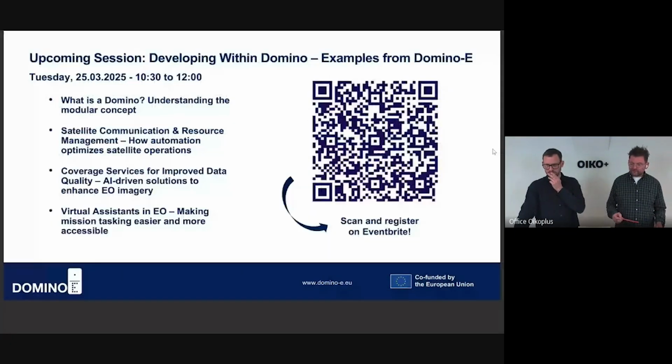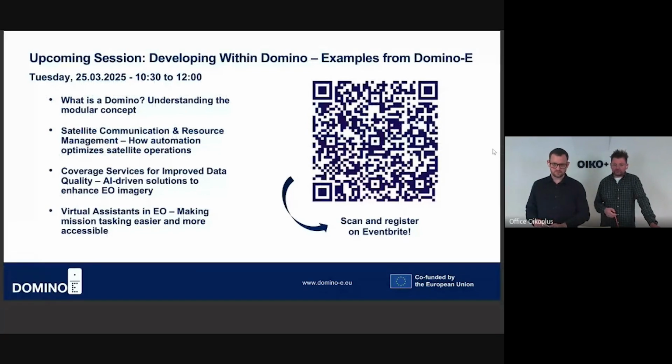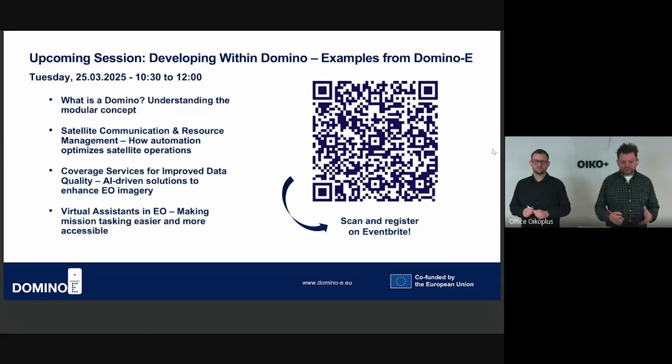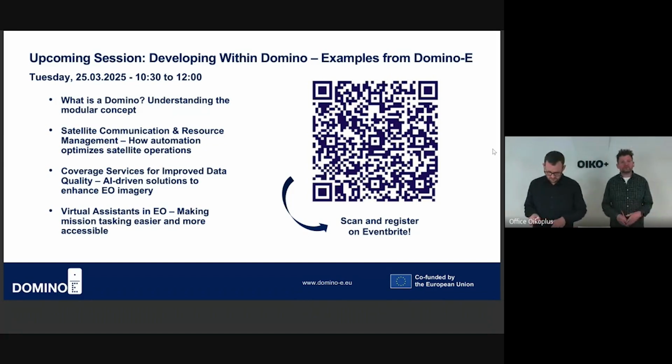And then let us also hint at the program for next week's session. I think this really links in with the last question we heard from you, Benjamin, about what Domino-E actually is about, because Domino-E provides 3 example solutions, or it's not only example, it's actual solutions that draw upon the Domino architecture.